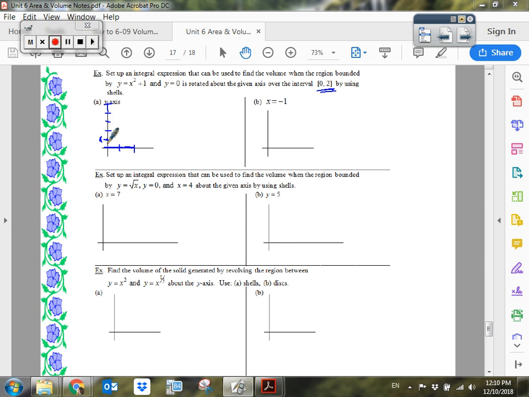It's a parent parabola here, and then over 1, up 1, 2, 1, 2, 3. Okay, something like that. So this is the figure that we're looking at. This is what's bound. We're bound on all these sides right here. We're going from 0 to 2, y equals 0, so x bounds 0 to 2. Here's y equals 0, and there's my function. That's what we're rotating, and we're rotating about the y-axis.